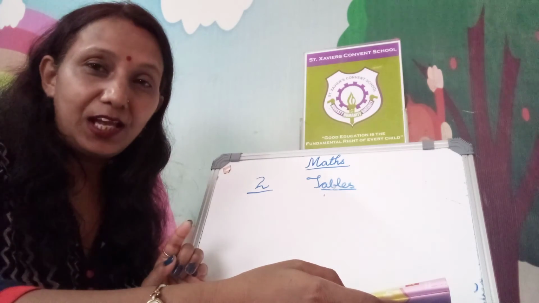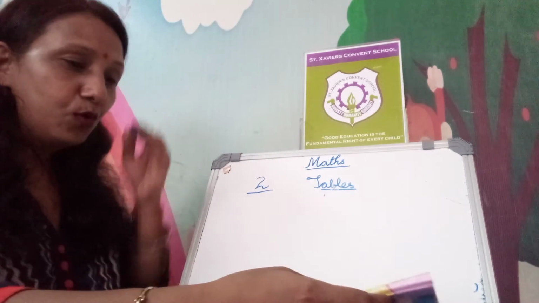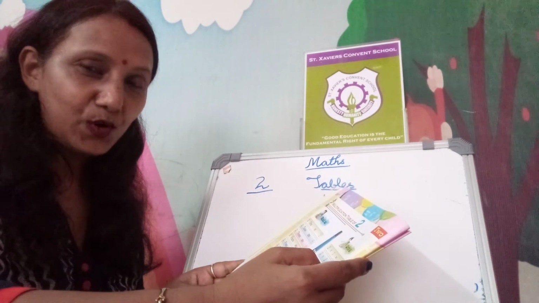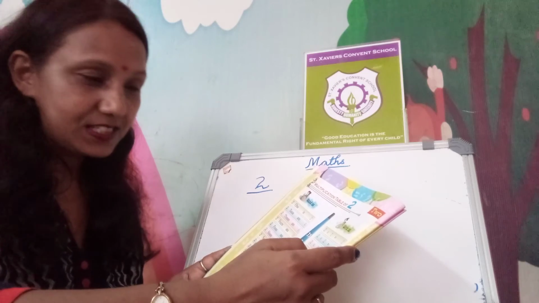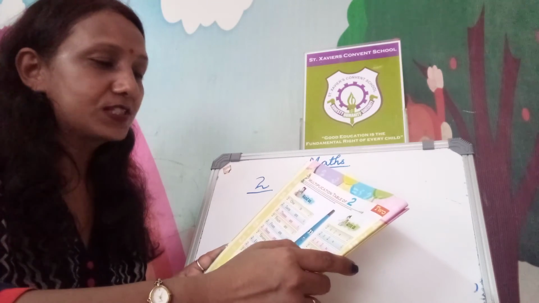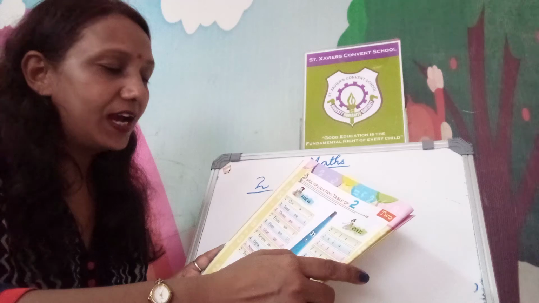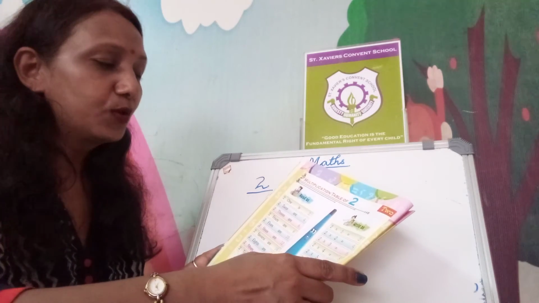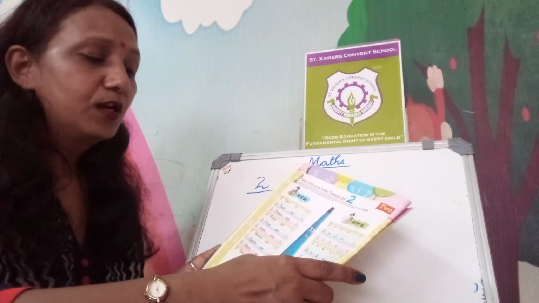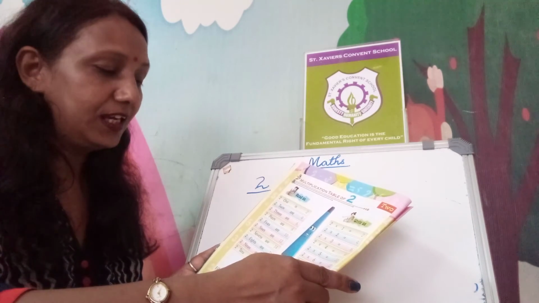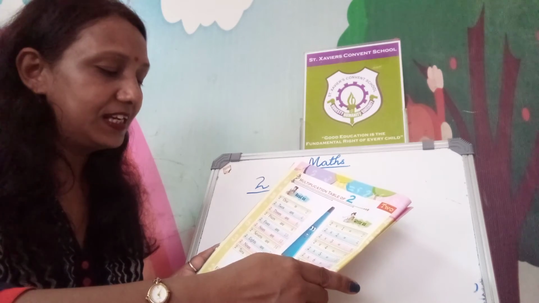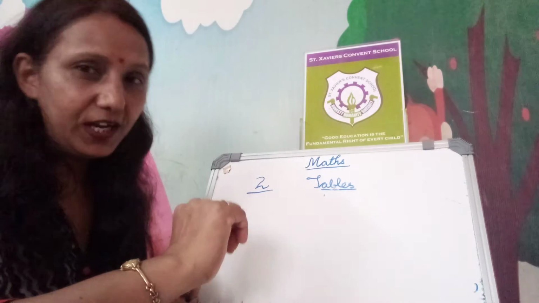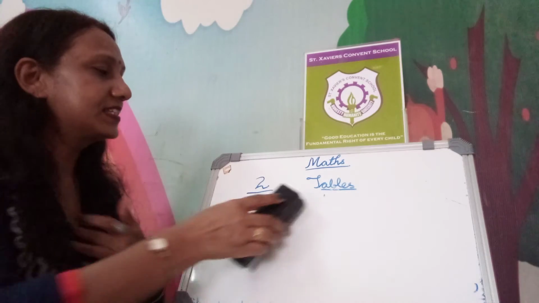This is how you can learn easily. 2 1s are 2, say. 2 2s are 4. 2 3s are 6. 2 4s are 8. 2 5s are 10. 2 6s are 12. 2 7s are 14. 2 8s are 16. 2 10s are 20. Alright.